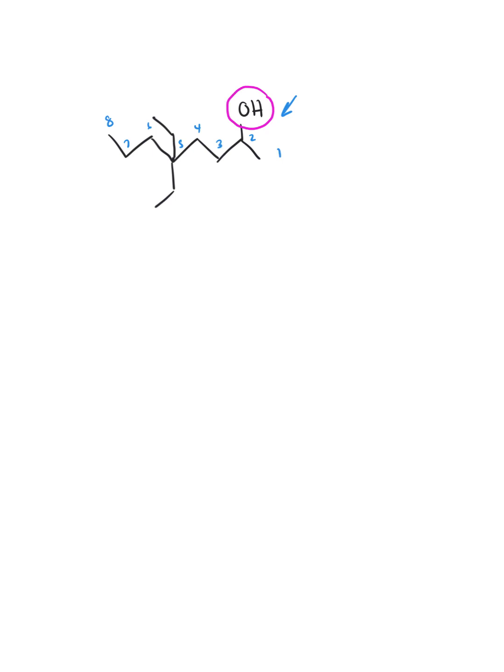So once we have our longest chain, that's the parent chain, we can identify we have other branches coming off the parent chain. Because there's 2 kind of sticks coming off each of these groups here, 2 carbons or 2 sticks represents an ethyl group. Both of these would be ethyl groups, and of course our circled one is the hydroxy group.